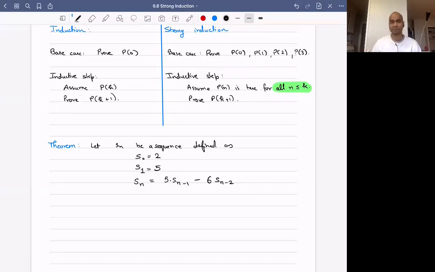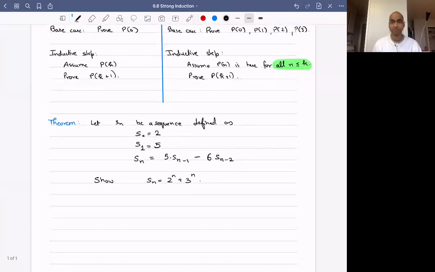So I have a sequence. I give you the first element, I give you the second element, and then I give you a recurrence relation that defines all the other elements. Then show that Sn is 2 to the n plus 3 to the n. So this very weird recurrence relation actually gives you such a nice closed form for Sn.